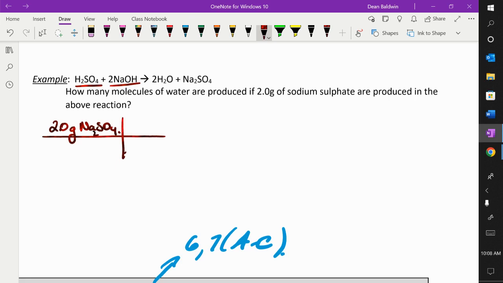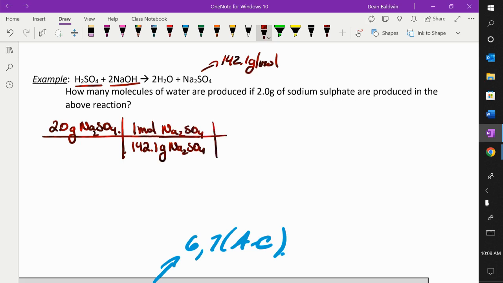So I need the molar mass. I'm just going to tell you the molar mass. Molar mass of sodium sulfate is 142.1. So that means we have 142.1 grams of sodium sulfate per mole of Na2SO4.